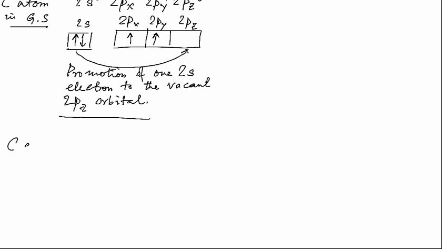So we get the carbon atom in sp3 hybridized state. So there are 4 sp3 hybridized orbitals that are formed.